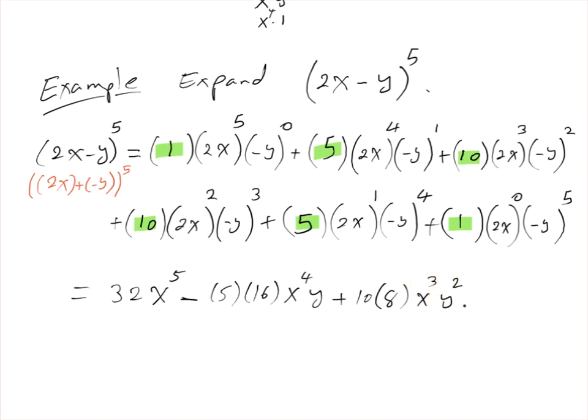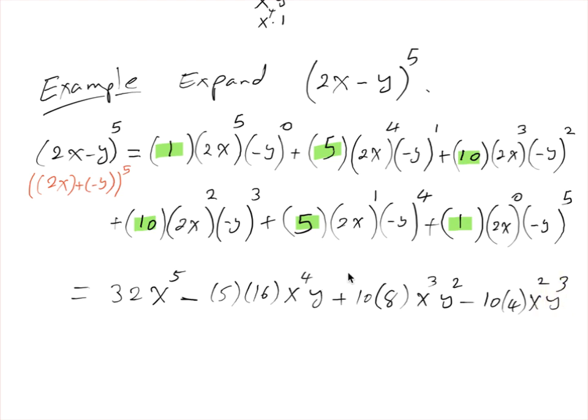And then the next one is negative. You have negative y to the 3rd power, so that will be negative. And then there is a 10 here in front. And 2 to the 2 is 4, times 4. x is squared and y is cubed.